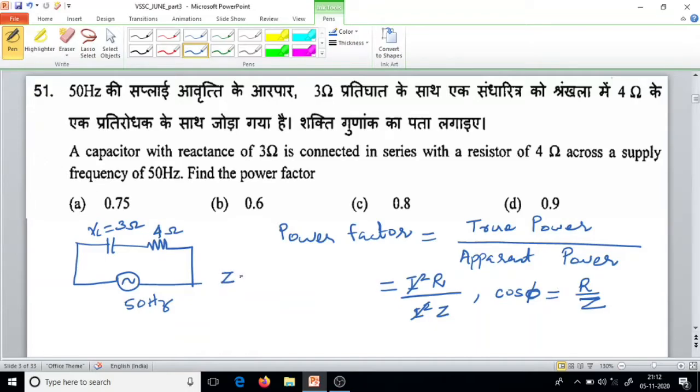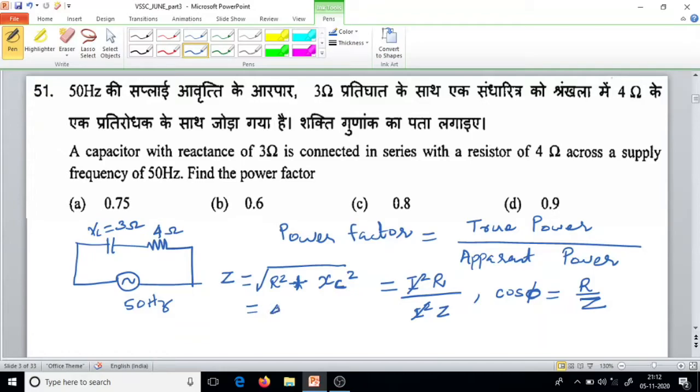So Z is the impedance. Impedance equals square root of R square plus XC square. What is the value of R?